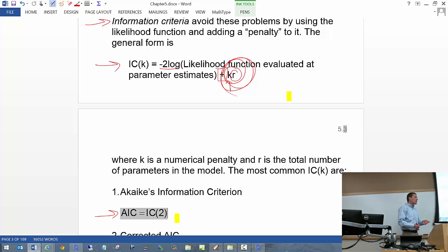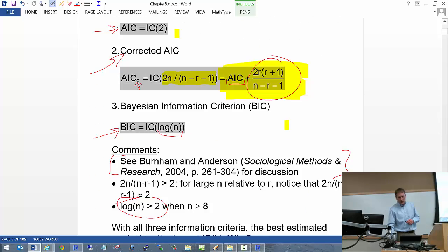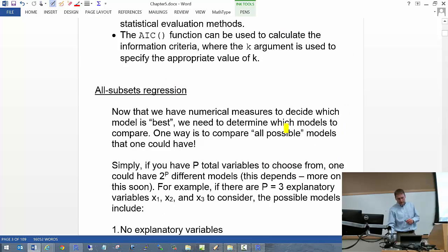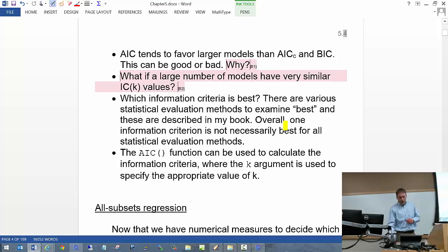Now, as I said to you earlier, there's not necessarily one best information criteria. That's why we're looking at 3 different ones here, or the 3 most commonly used ones. Some people will say, well, the BIC is better because you get a smaller model.